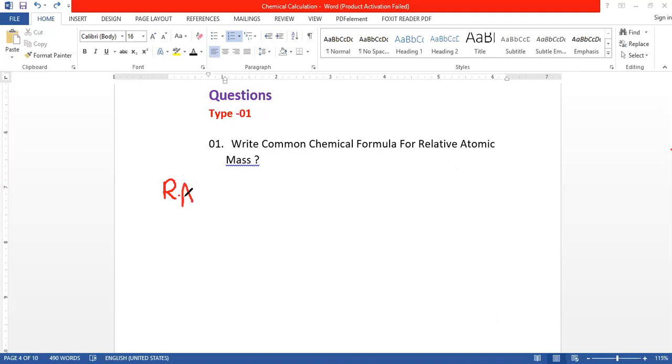Relative atomic mass. Don't write it in short form. Relative atomic mass is equal to, what's that? Just count.